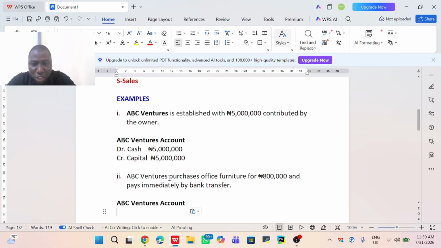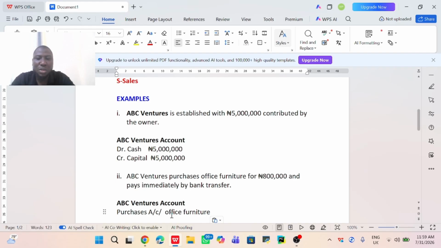You know, this is a purchase, right? You can say, okay, purchases account, or you can say office furniture account. You can use either of the two.